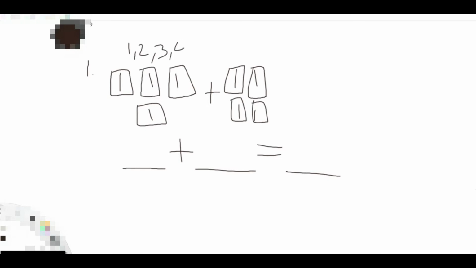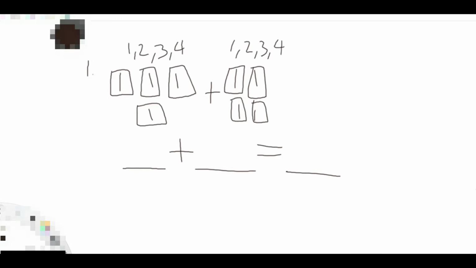Let me redo that. Also here, you're counting 1, 2, 3, 4. And so the total for this is 4, and this is 4. If it's too hard to add all at once, what you can do is count 1 by 1.